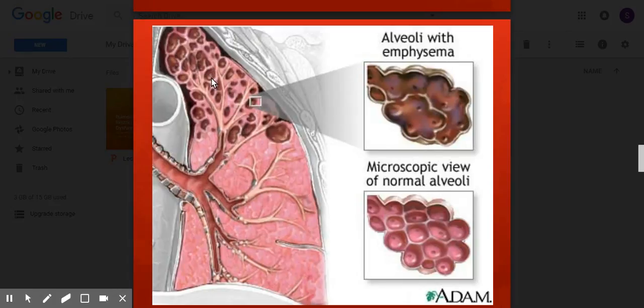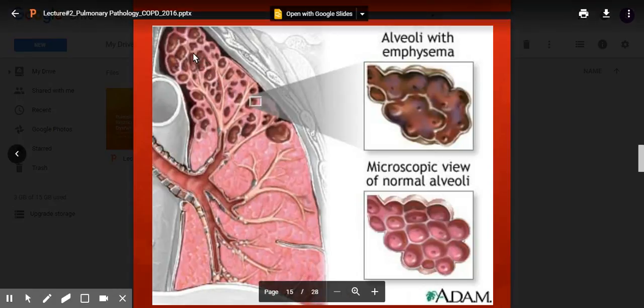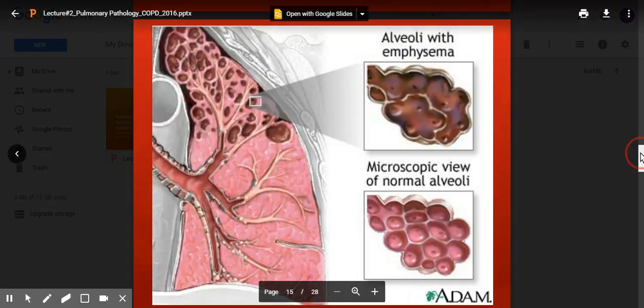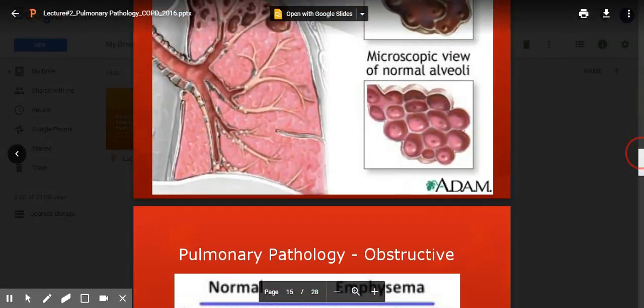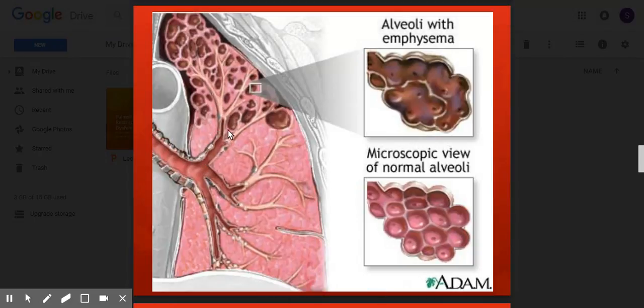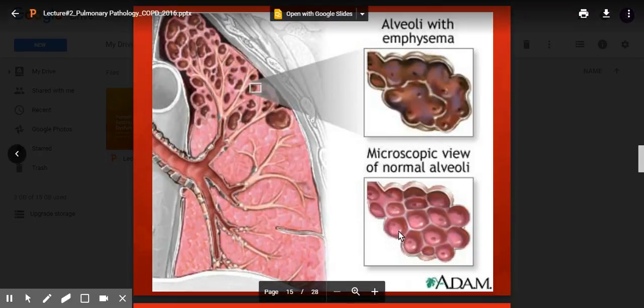And this is what a cross section of a lung would look like with emphysema, with much larger pockets of air, which again is not effective for air exchange, and so air exchange is going to be impeded because of a loss of alveoli.